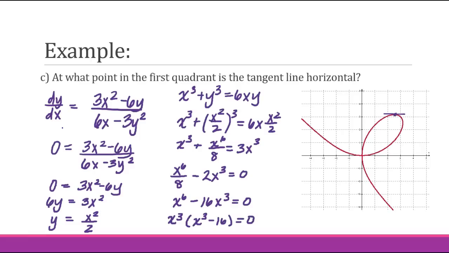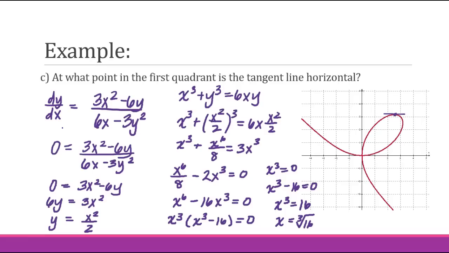This breaks down into two separate parts, x cubed equal to 0, and x cubed minus 16 equal to 0. So x cubed equals 16, or x is the cube root of 16. So we have two values, 0 and the cube root of 16.